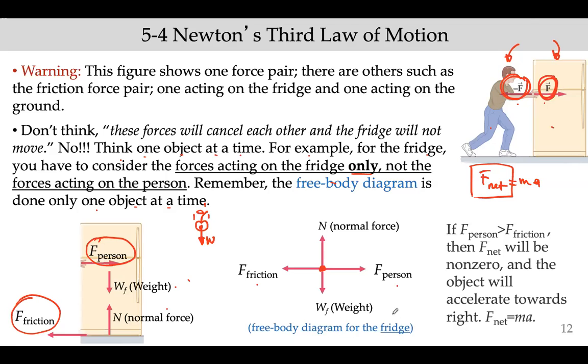This is the free body diagram for the fridge. If the external force due to the person is greater than the friction force, then F net will be non-zero, and the object will accelerate towards the right. So if you can win against the friction force, then of course you can push the fridge to the right.